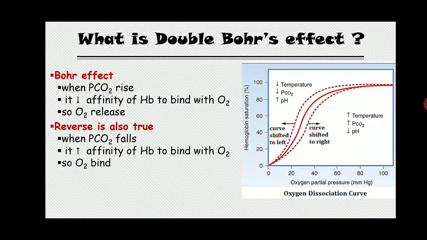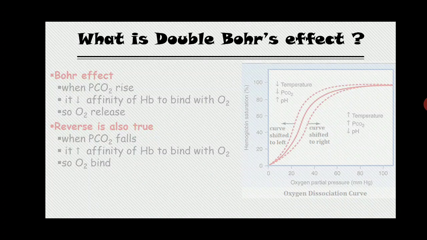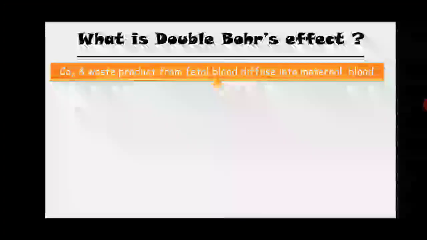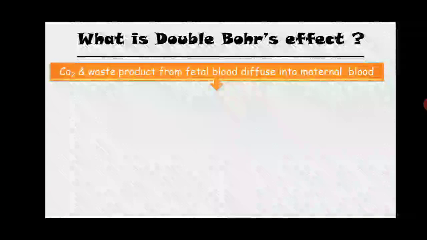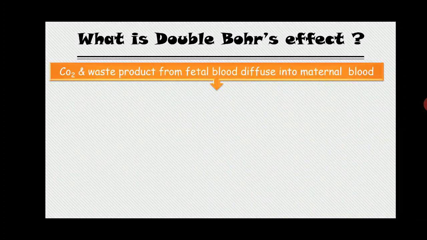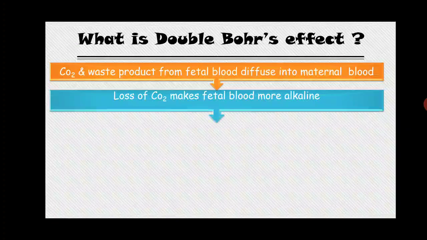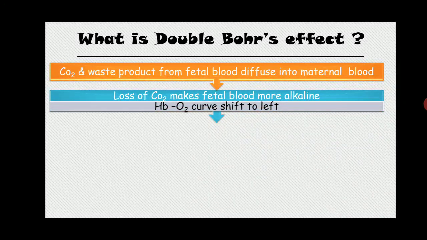So let's write it down in very simple terms. If you understand that, let's write it down. Carbon dioxide and waste products from fetal blood will diffuse into the maternal blood, right? So loss of carbon dioxide makes fetal blood more alkaline. So the HbO2 curve will shift to the left. This HbO2 curve is about the fetal circulation or fetal blood.